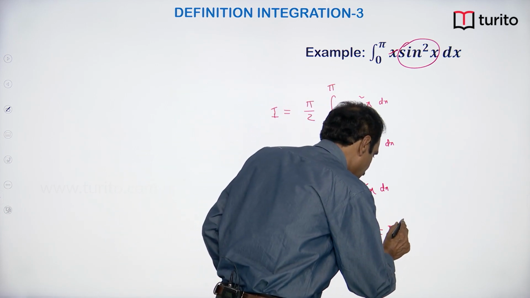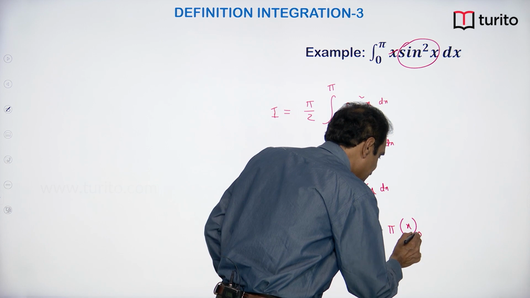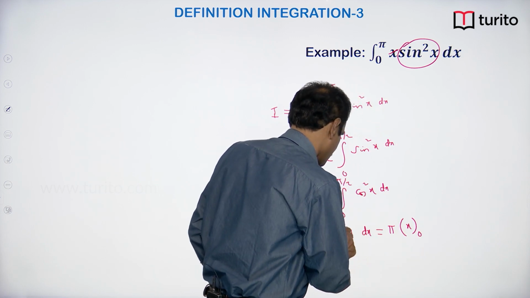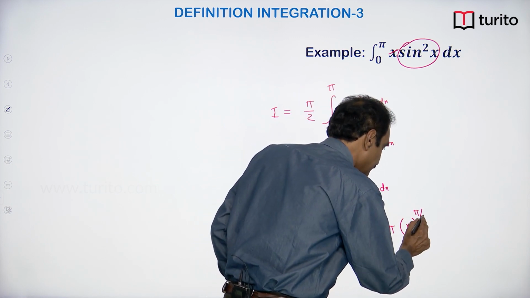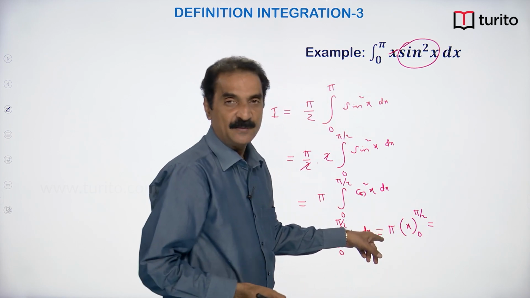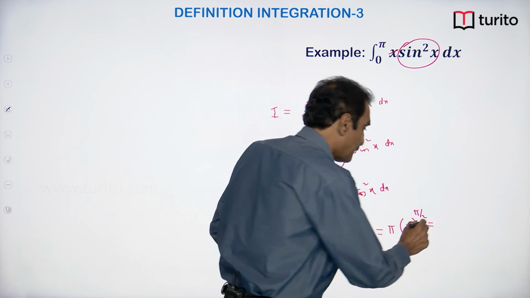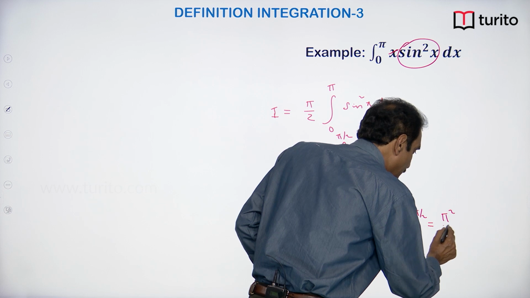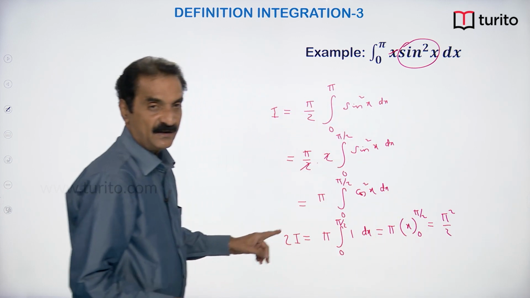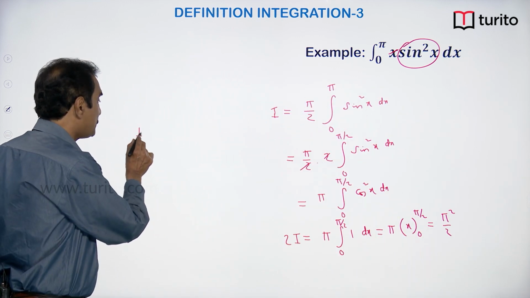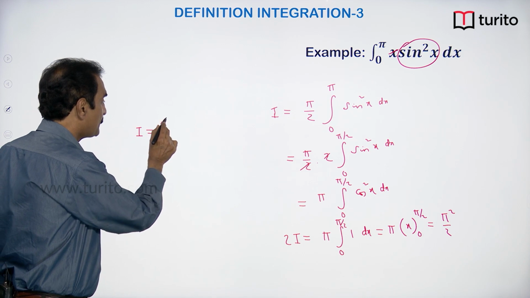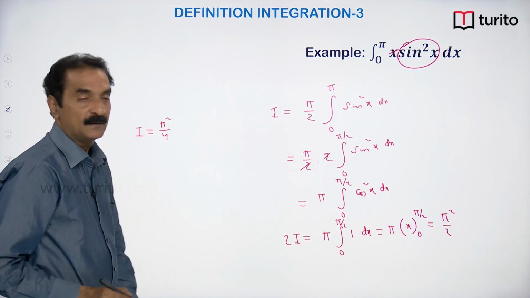So, pi into x between limits 0 and pi by 2. Substituting the limits and simplifying, you will get pi square by 2. This is 2I. So, I is equal to pi square by 4. Okay.